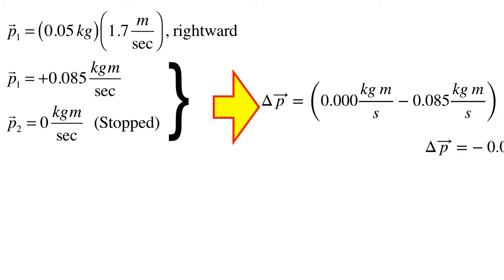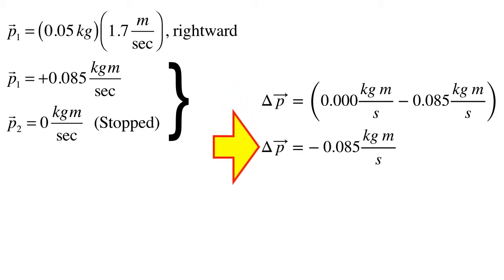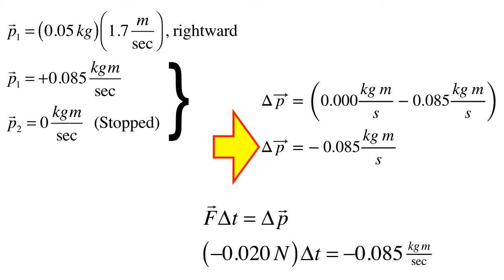And so that's a pretty easy one to calculate. Delta P is negative 0.085 kilogram meters per second, right? And notice that we have a minus sign there. Now that's going to come in handy because we're about to use the impulse equation.